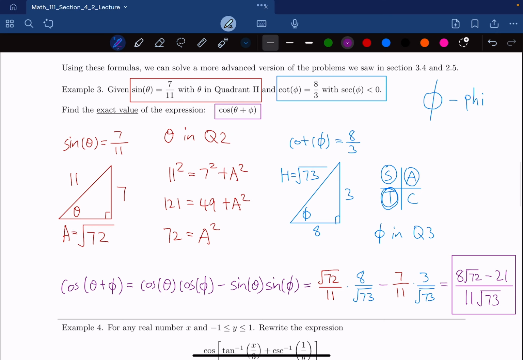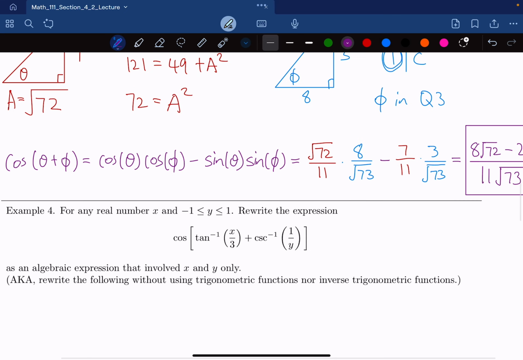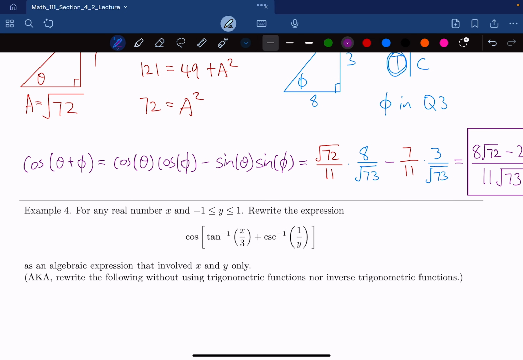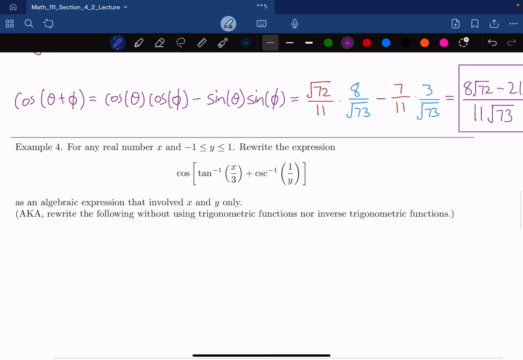Okay, going into the next example, this is where we are working with an inverse trig expression. And this is, again, a problem type that we've been doing for a couple of sections now. The domain here is for any real number x, and for y between -1 and 1.